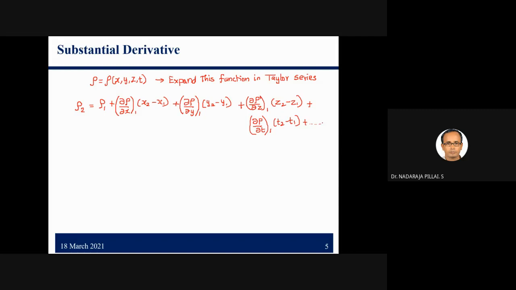We can keep on writing this in higher order terms; we can expand it to any extent.